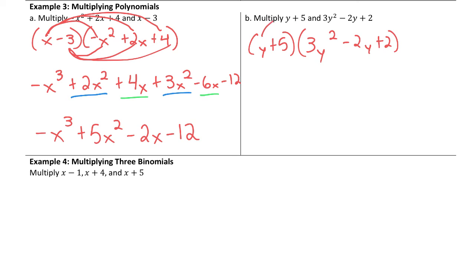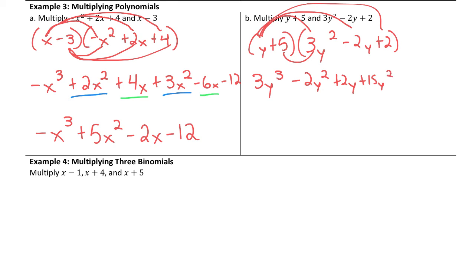Distribute the first term. This becomes 3y cubed minus 2y squared plus 2y, and then I distribute the 5. 15y squared minus 10y plus 10.